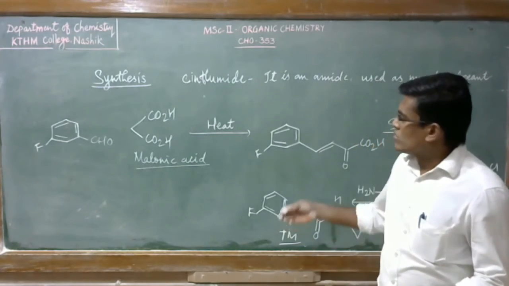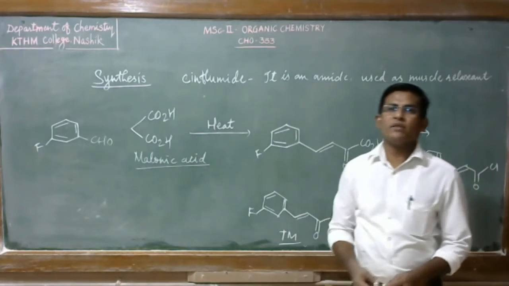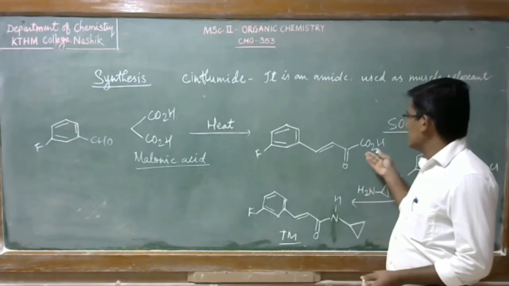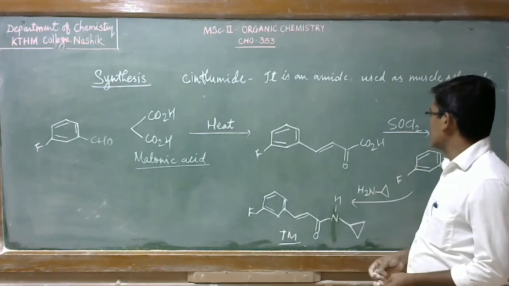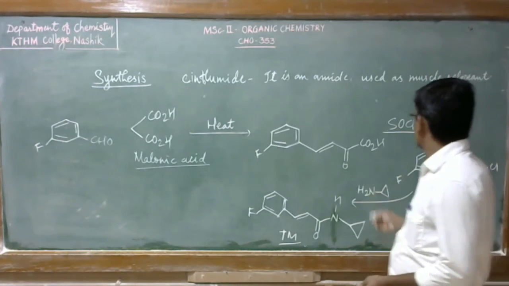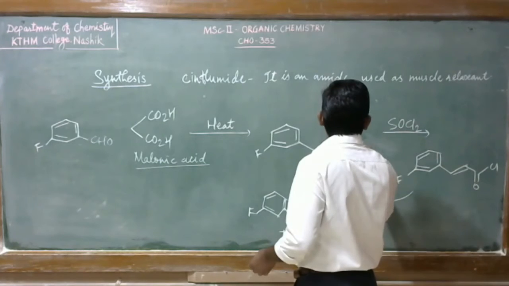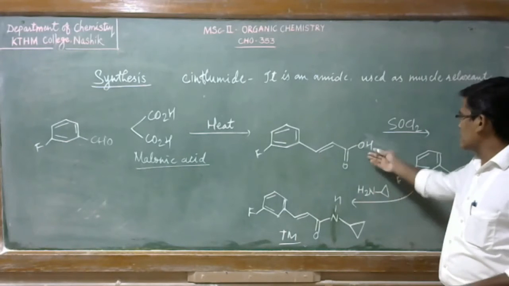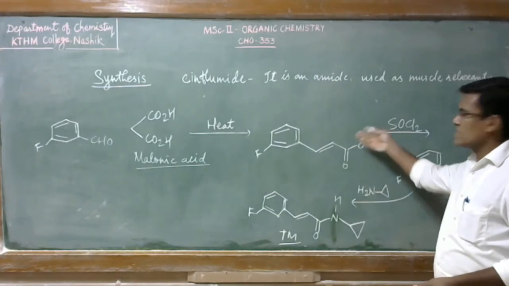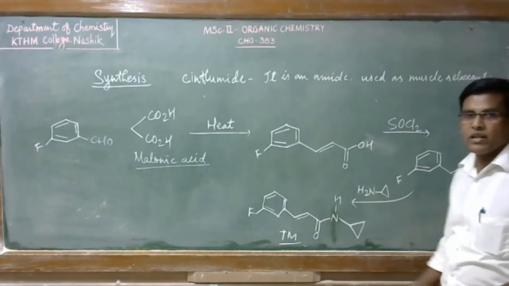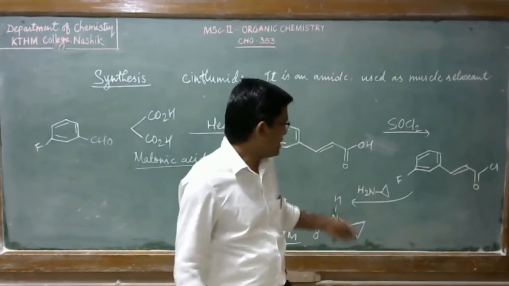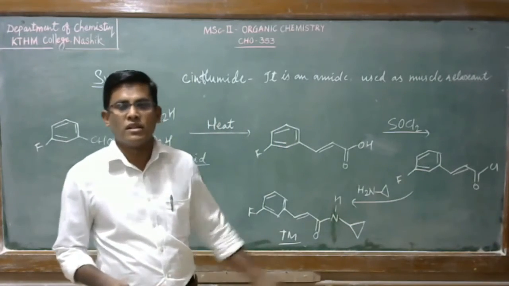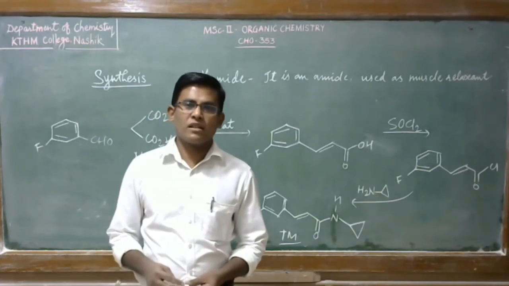The treatment of the aldehyde with malonic acid under heating conditions gives rise to the unsaturated acid. Then treatment of this acid with SOCl2 gives the corresponding acid chloride. And finally, the treatment of this acid chloride with the primary amine gives the desired target molecule.